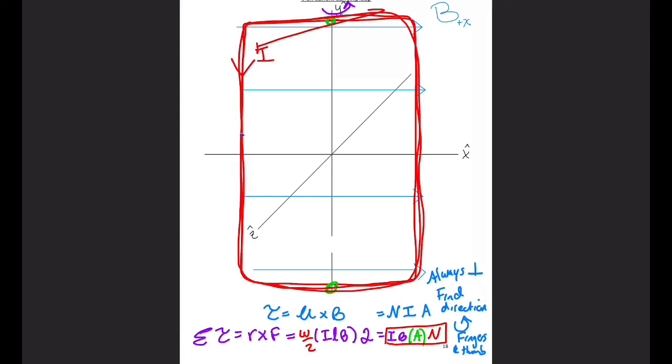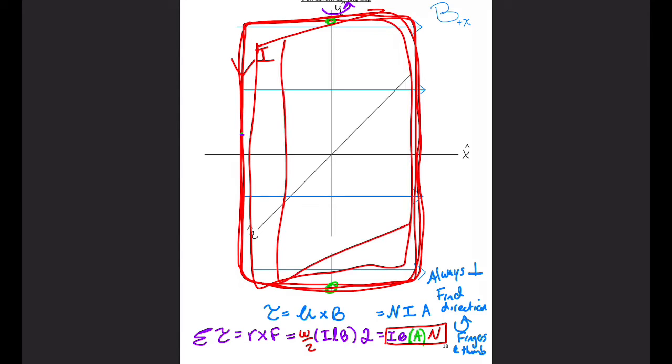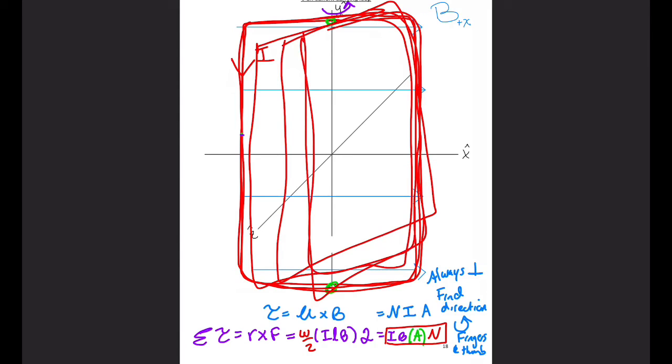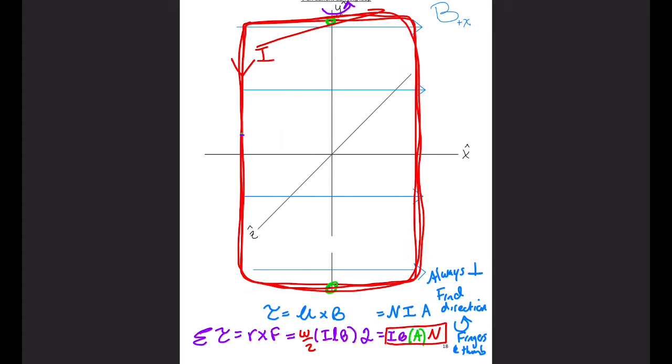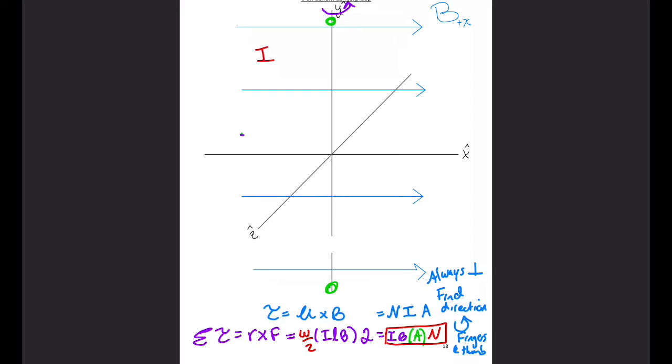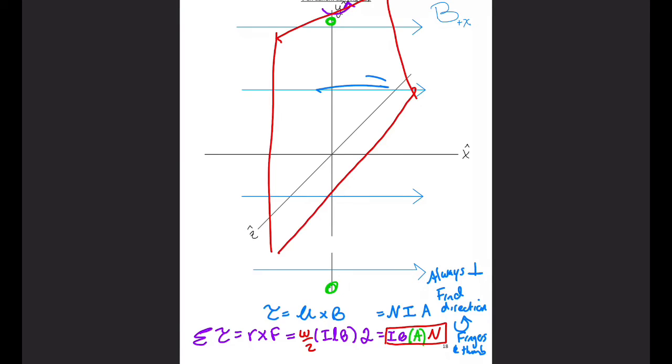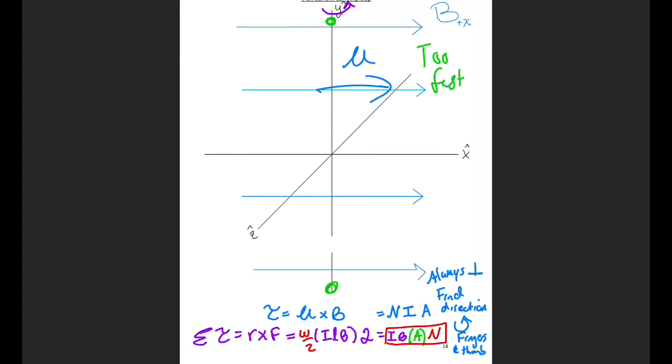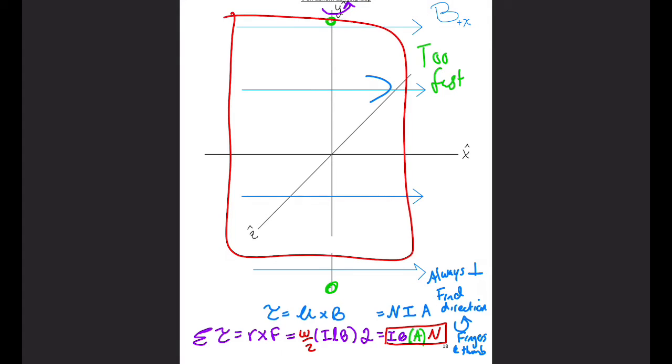So as time goes on, this loop is going to begin to rotate, gaining speed as it turns, and it'll find itself in the YZ plane sometime later, looking like this, with its magnetic moment aligned to the B. But it's been gaining speed, going too fast. It can't stop here, right? So it's going to continue rotating around until it's completely reversed from the way it was before and looks like this.